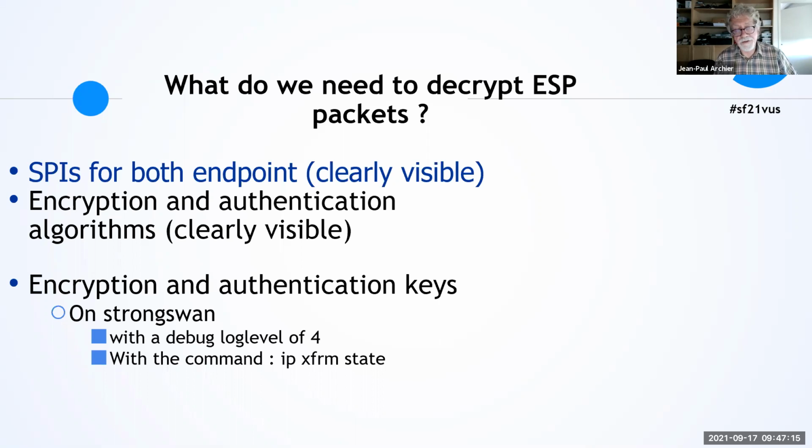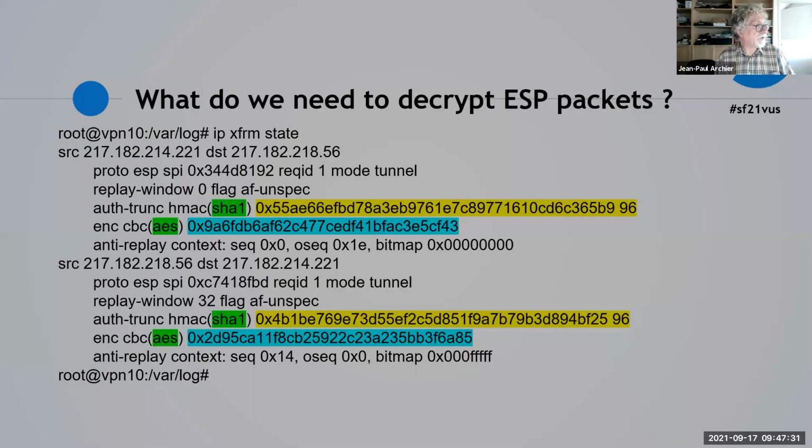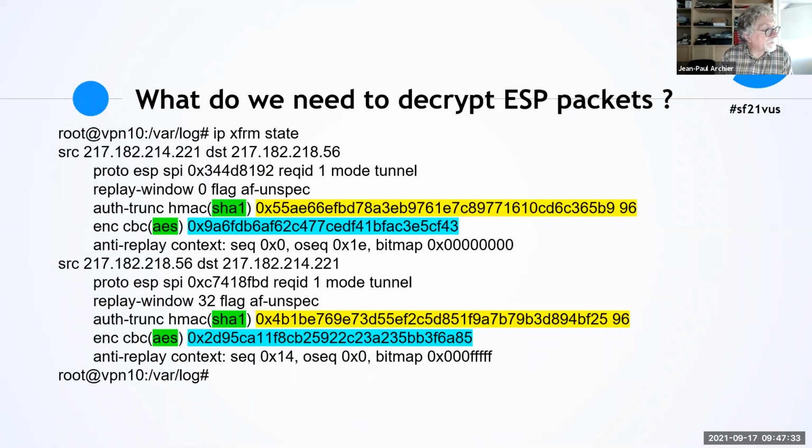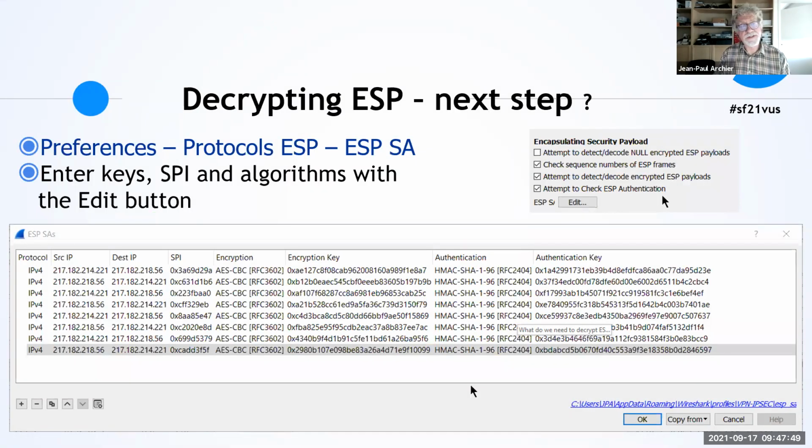On strongSwan, you are able to get them also at the log level of 4 with a specific command that you can give whenever you want. This command displays the necessary keys. You just have to copy and paste these keys in the preferences screen of Wireshark.